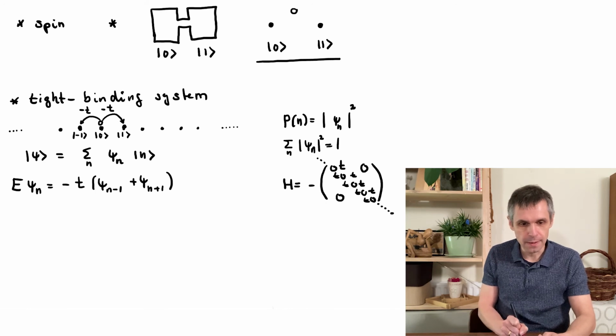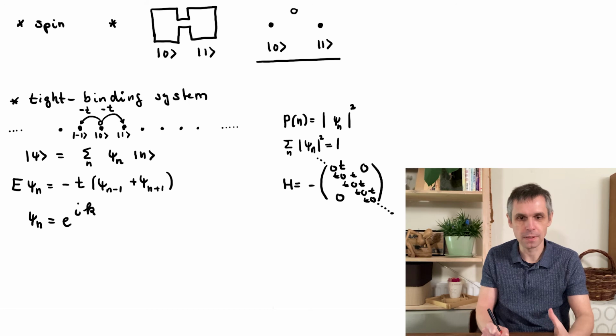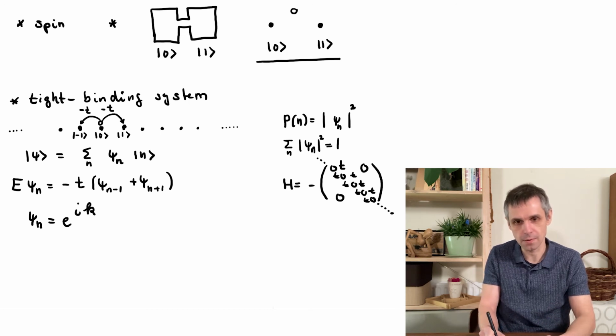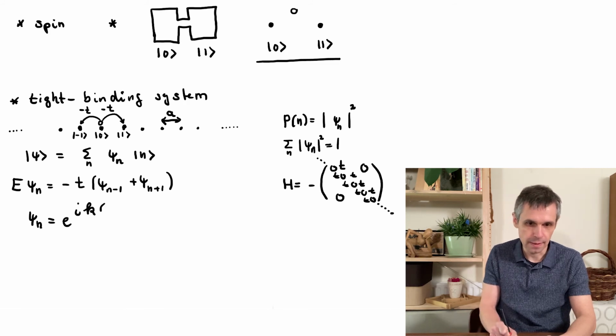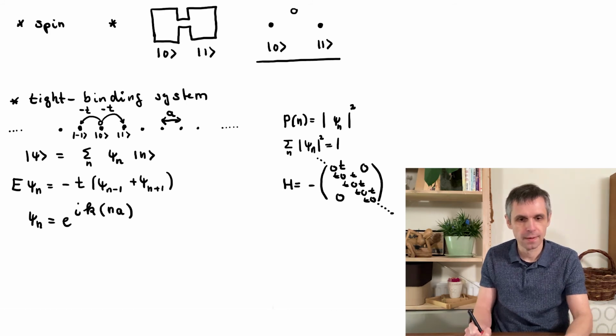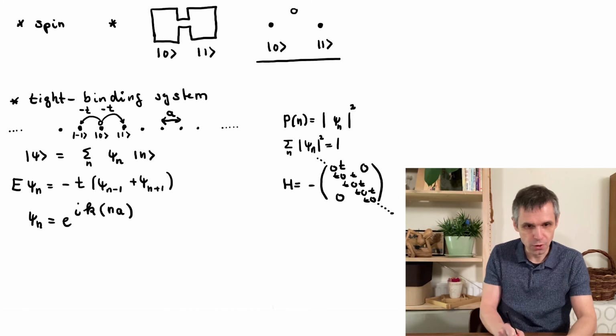Because we can stipulate that the solutions psi n are of the form of a plane wave. And here we have the wave number k, and this is then multiplied by the position, but this is now discrete. We are going to say that the distance between the atoms is some certain length, little a, and then the position of the electron would be n times a. When we introduce this function into the Schrödinger equation, we now obtain a factor e to the i k n a in every term.